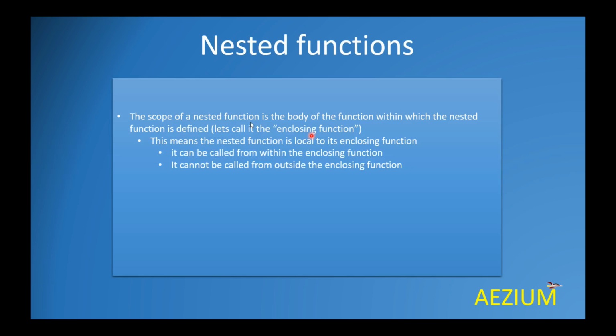We call this second function the enclosing function. This means that a nested function is local to its enclosing function, which in turn means that a nested function can be called from within the enclosing function, and it cannot be called from outside the enclosing function.